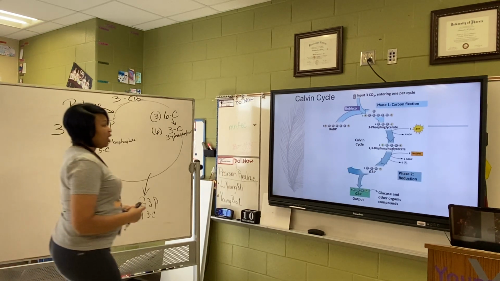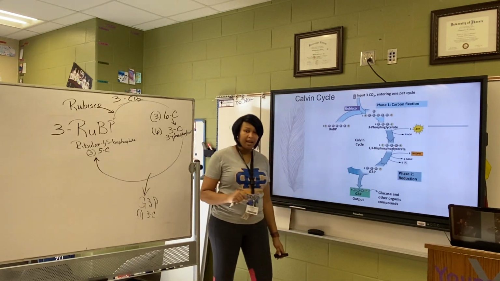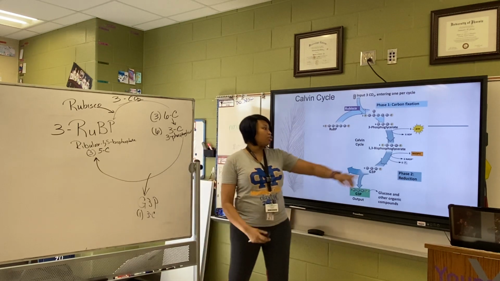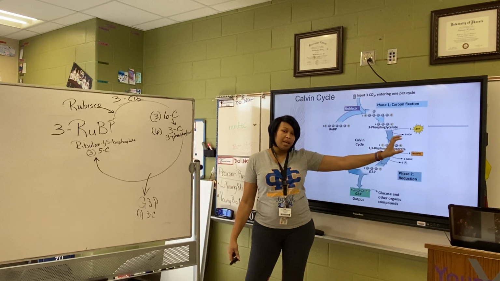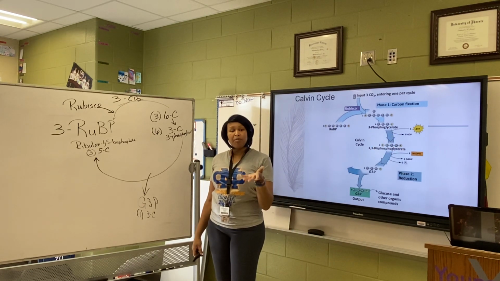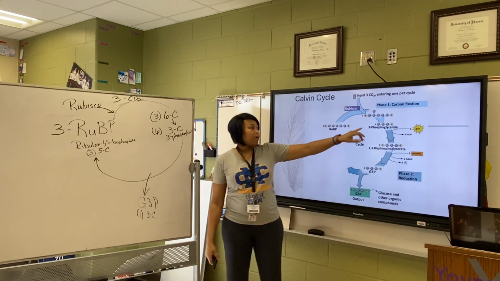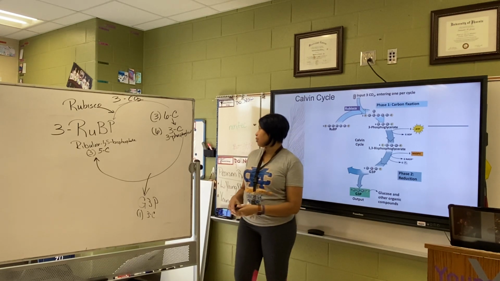In order to do that, this is where ATP comes into play. ATP is going to undergo hydrolysis, and the hydrolysis of ATP breaks it into ADP and an inorganic phosphate. Remember, we talked about how when ATP undergoes hydrolysis, the phosphate group that breaks off will phosphorylate an intermediate, and we call that a phosphorylated intermediate.